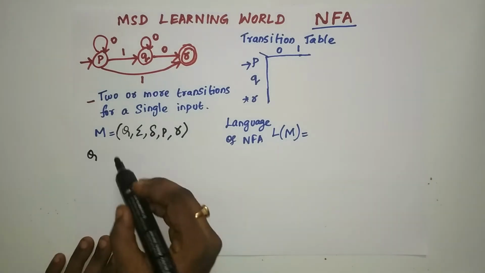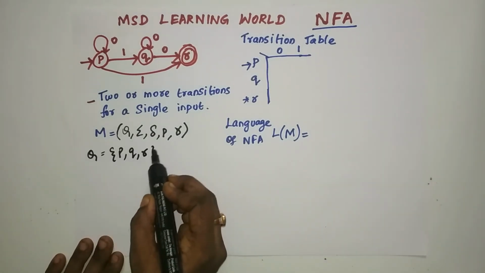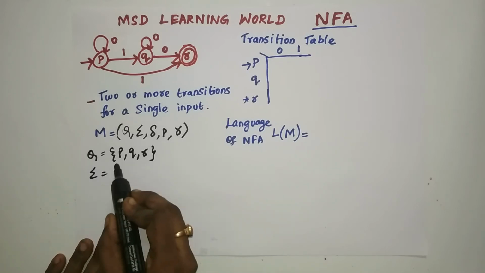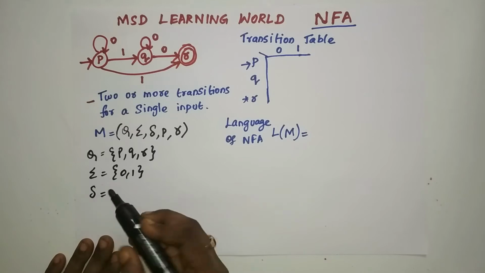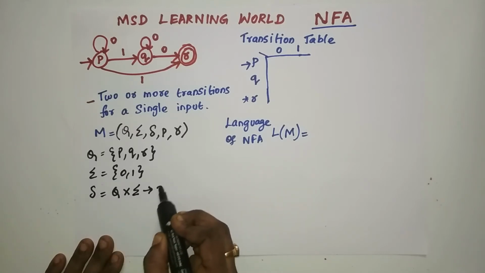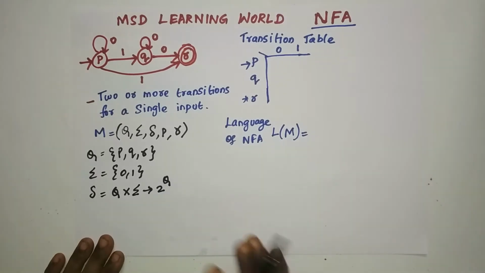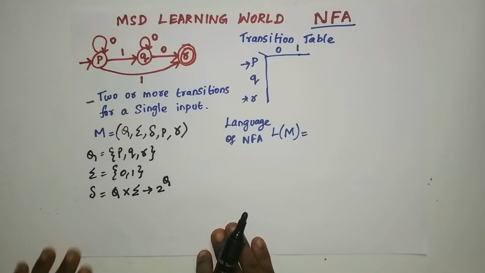The set of all states here are P, Q and R. The set of input alphabets are 0 comma 1. The transition del is described as Q Cartesian product sigma tends to 2 power Q, because from a state for the input symbol it can have any number of transitions.